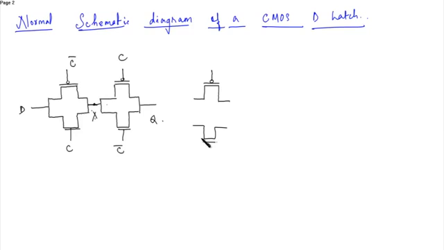So this is the gate. From the gate, input was given. This is X. From this position up to this, we had two inverters present, that we are drawing here.